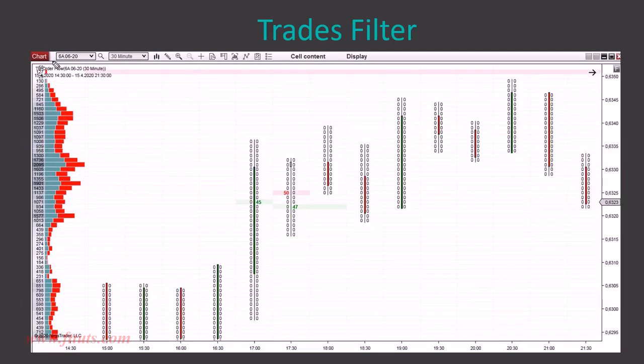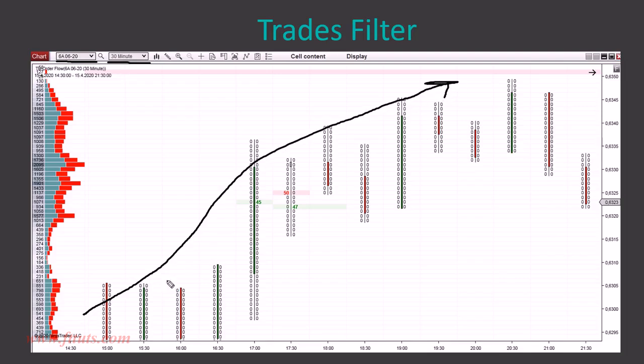Another example on the Australian dollar futures, again 30-minute chart, price was moving upwards in an uptrend, and within this uptrend there were big guys entering their buying positions. In here, also in here, this is the support.